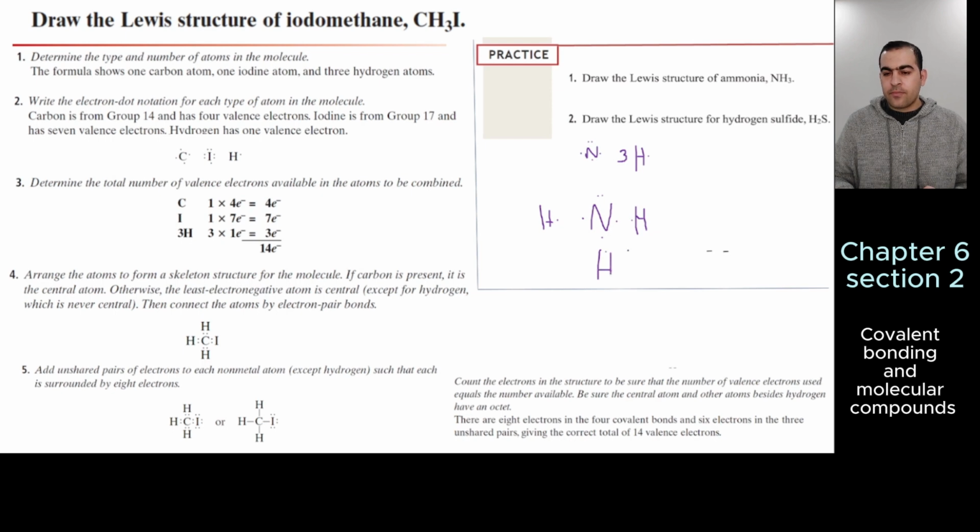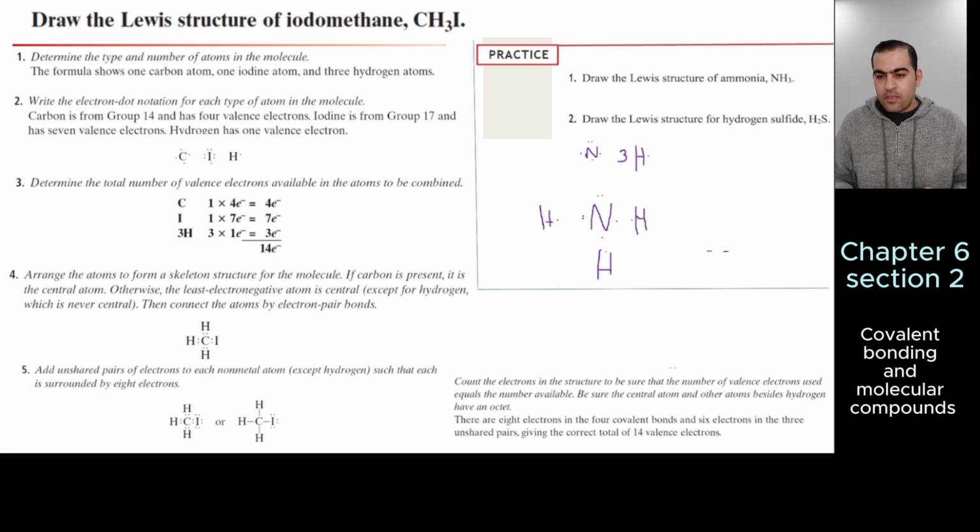Now nitrogen has 5 valence electrons. To be 8 it needs 3 more electrons, which means it must make 3 more bonds. The number of bonds it makes equals the number of electrons it needs.